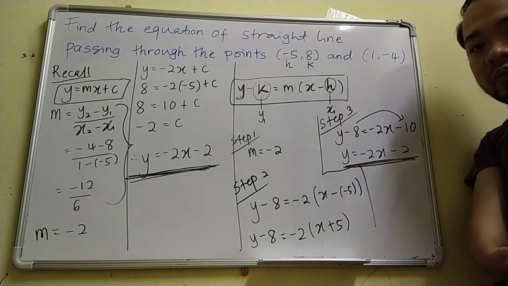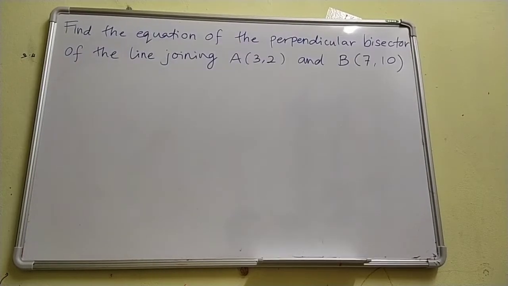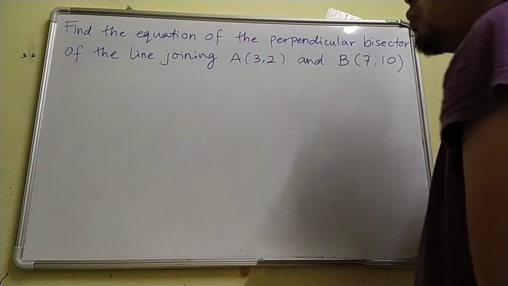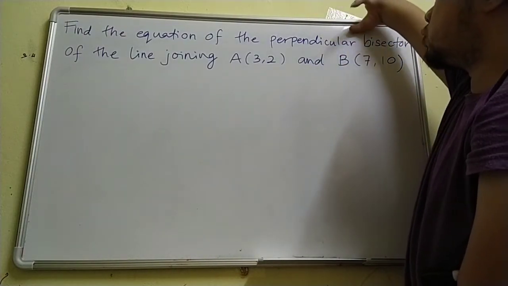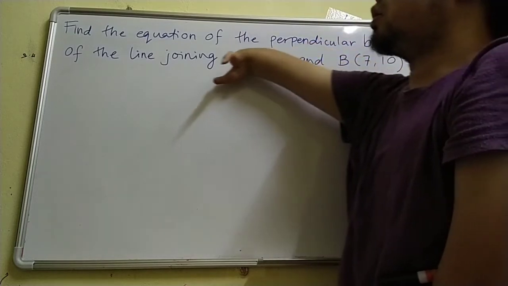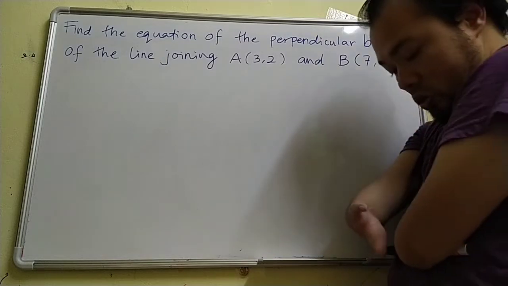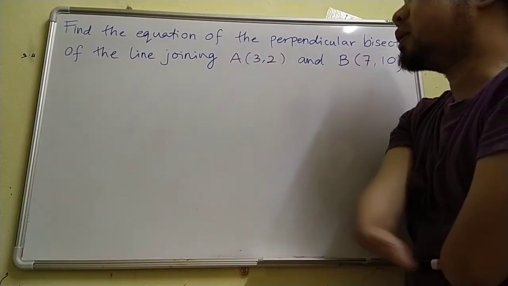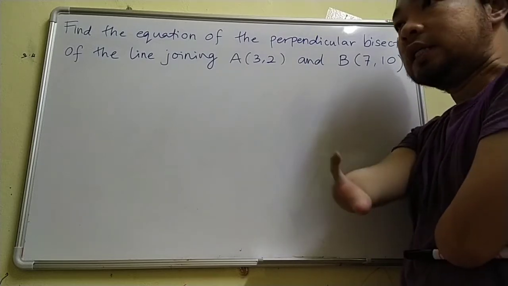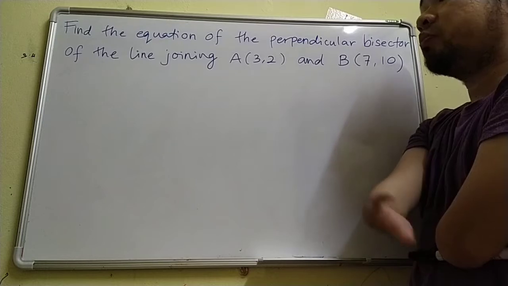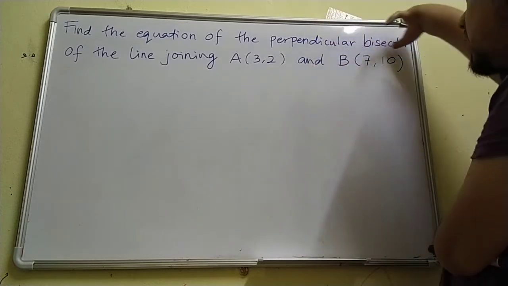Next example. Find the equation of the perpendicular bisector of the line joining A(3, 2) and B(7, 10). Listen. Whenever you want to answer a coordinate geometry question, first of all you need to understand the difference between parallel, perpendicular, and perpendicular bisector.